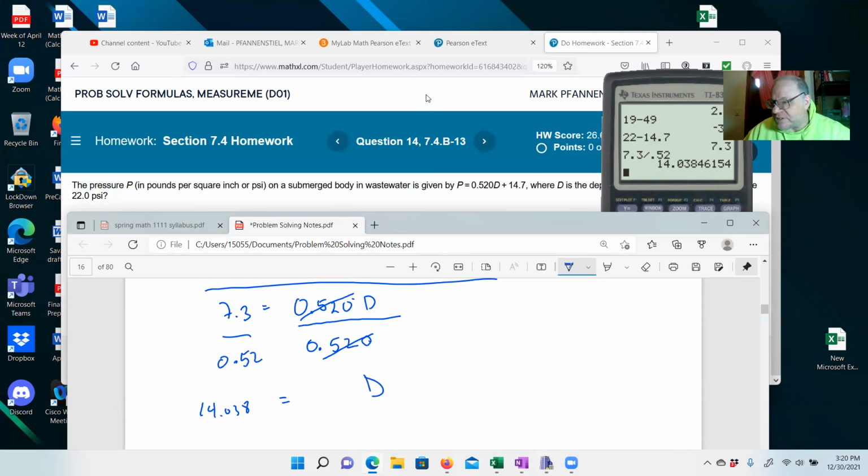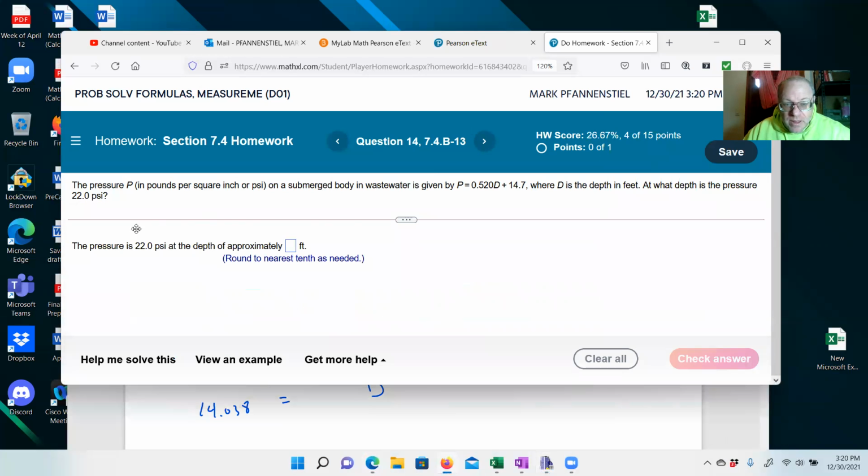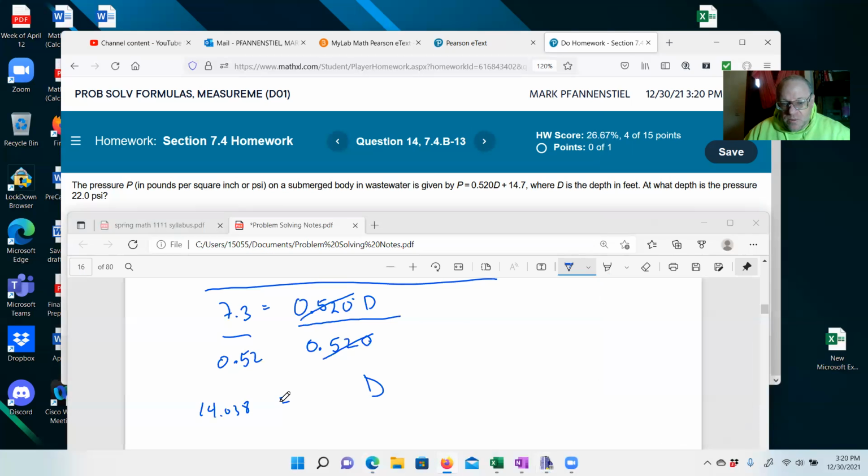Let's check what the instructions say. The instructions say round to the nearest tenth as needed. Well, this 3 doesn't really round up to a dime at all, does it? The pennies here are too small. So we're just going to leave it as 14.0.